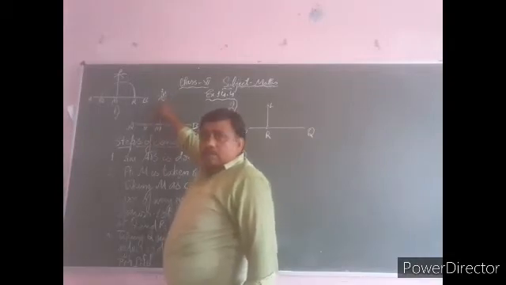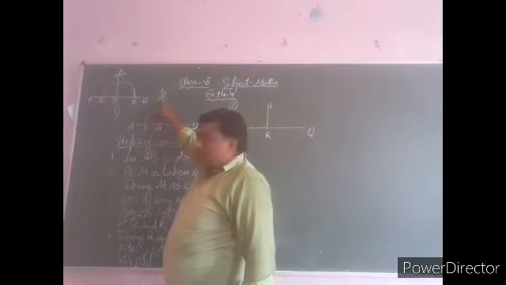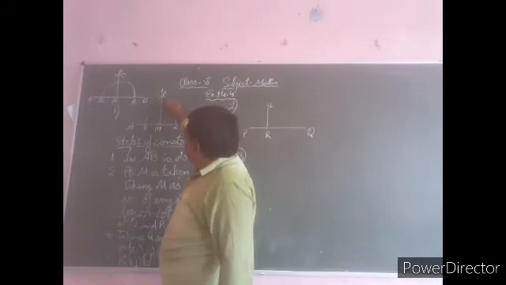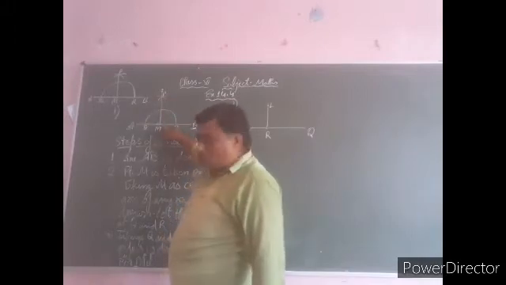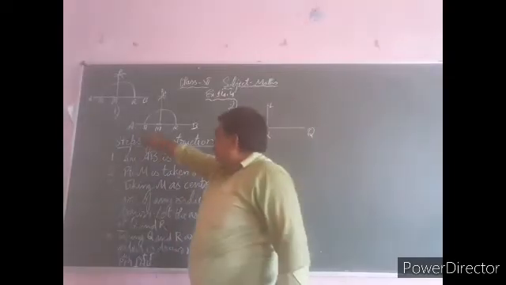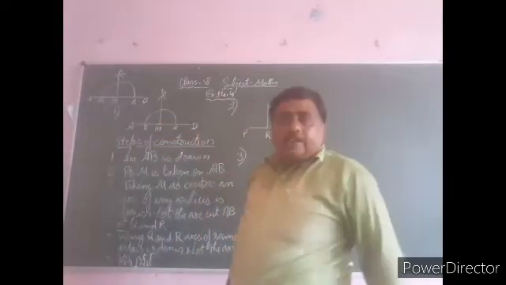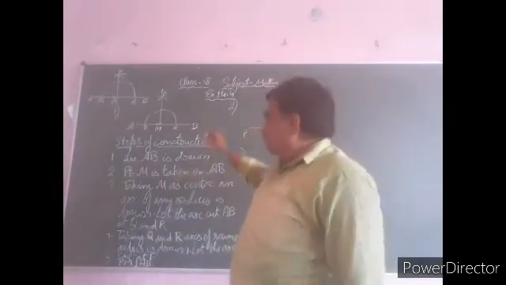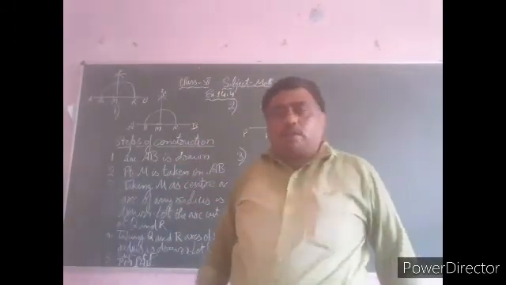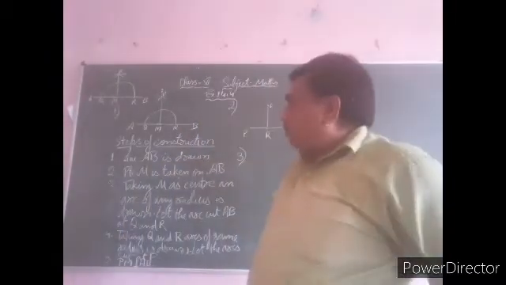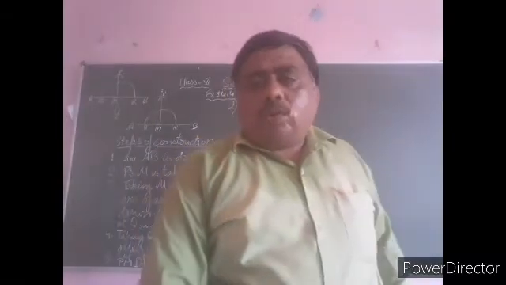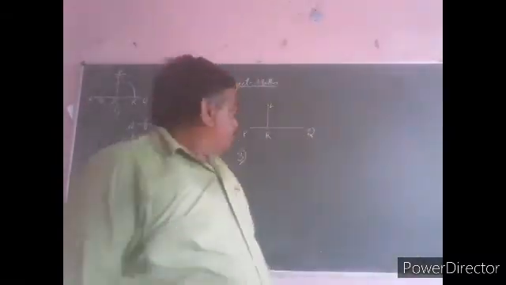Let them intersect at P. Step number 5, PM is drawn. PM is perpendicular to AB. As we draw the figure, we will write the steps of construction. So in this chapter, for all the questions, you write them down by yourself.